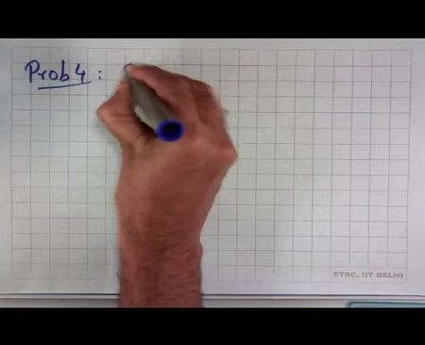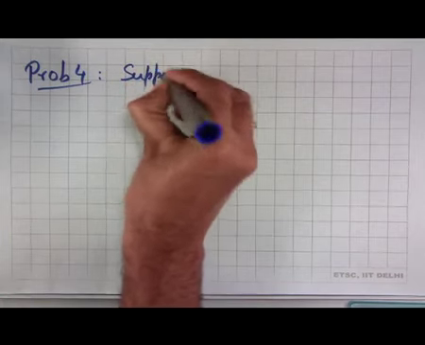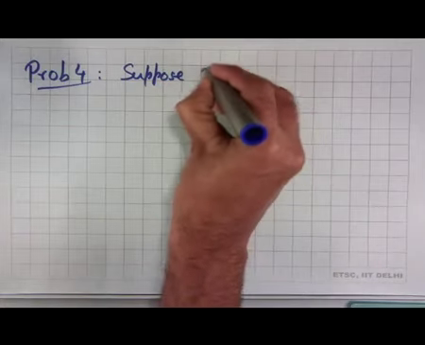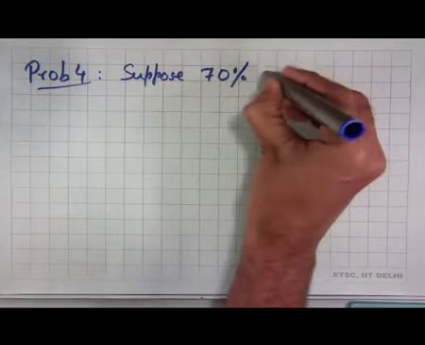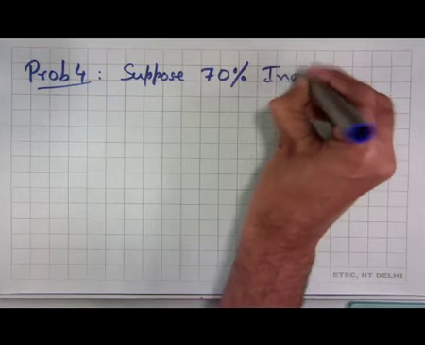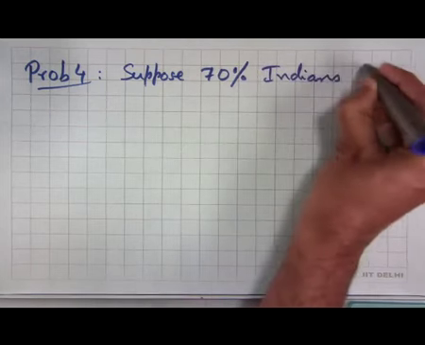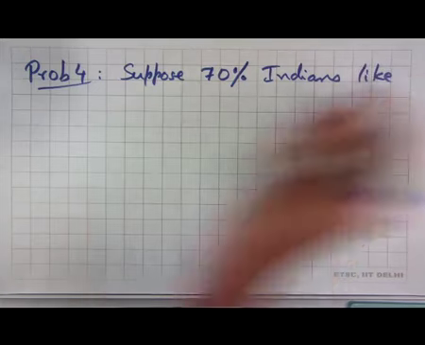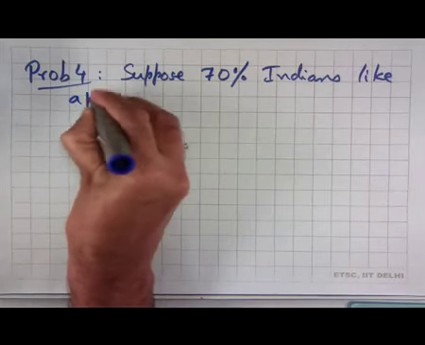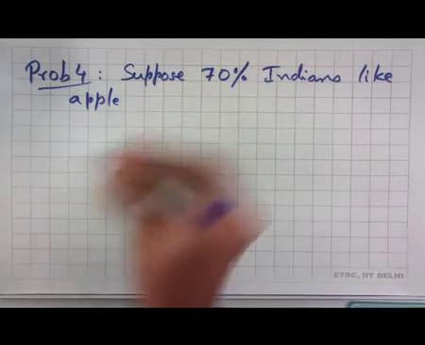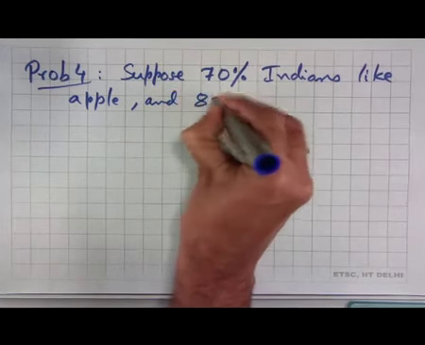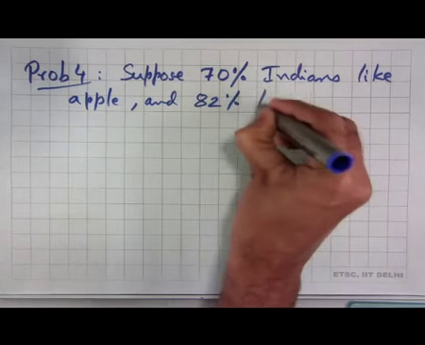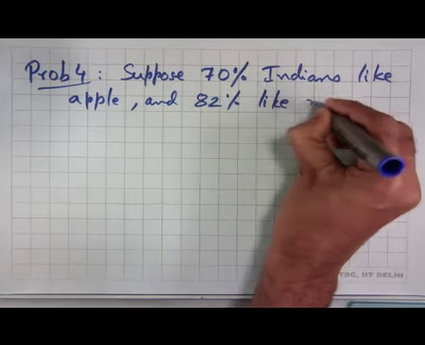So, suppose 70% Indians like apple and 82% like mango.